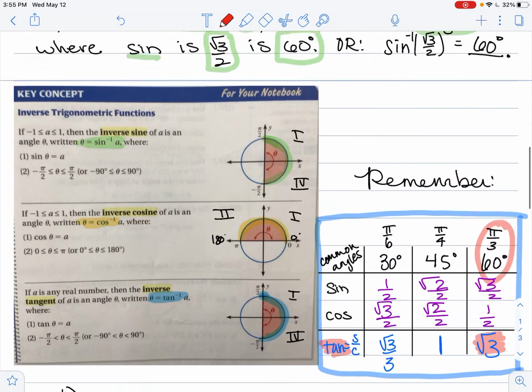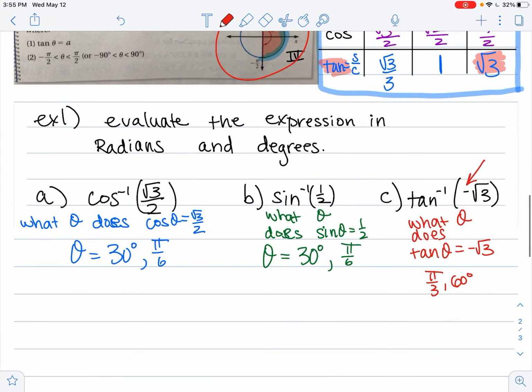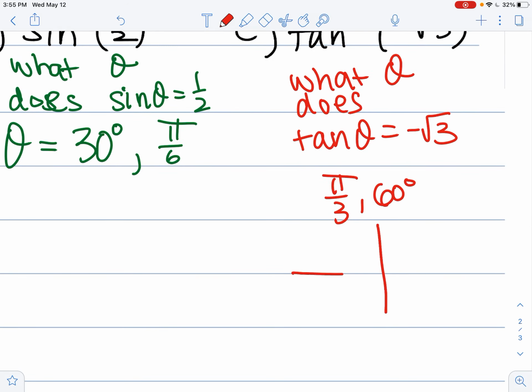So remember that inverse tangent, if we look up here, right here, we know it's either in quadrants 1 or 4, and because it's negative, tangent has to be negative only in the fourth quadrant, because in the fourth quadrant, only the cosine is positive. So tangent would be positive in the first quadrant here. That means tangent has to be negative in the fourth quadrant. So we need to know, where is theta in the fourth quadrant here, a pi over 3 or 60 degrees.